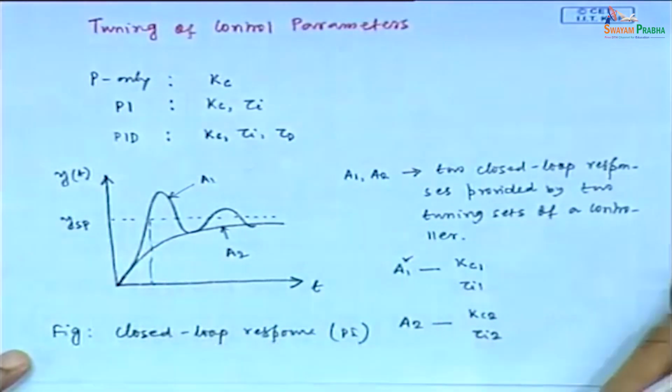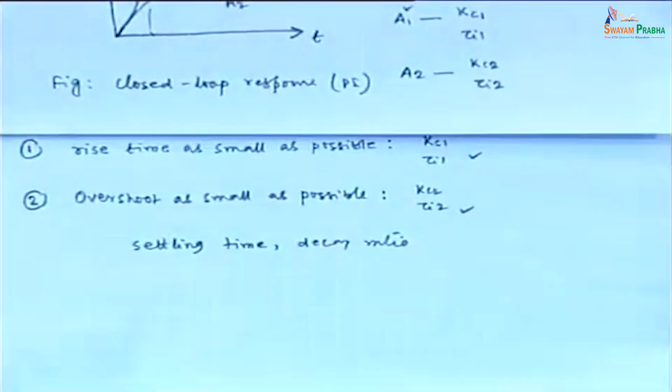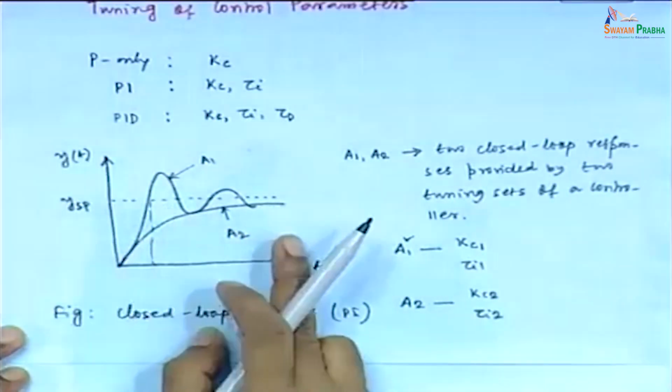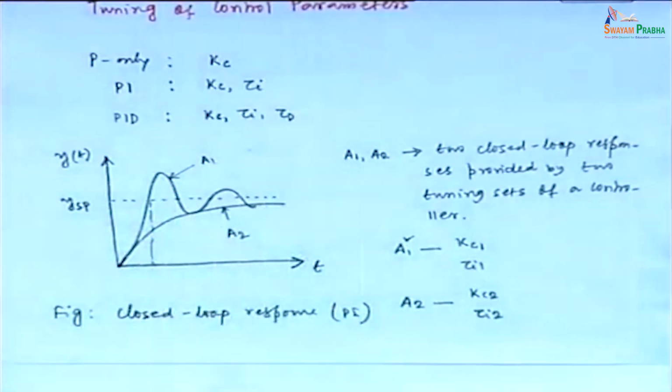Fine. But it will be nice if we consider the response throughout the operation period in selecting the tuning parameter values. If we consider the response throughout this time period, and if we tune the control parameters, we will definitely get better performance.